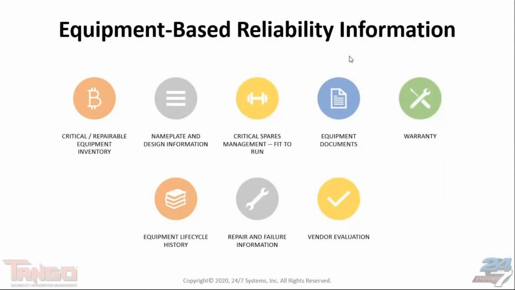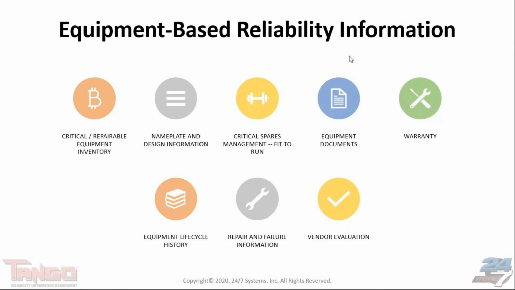On the other hand, when you're talking about what kind of information is in the equipment-based inventory, you're probably not tracking every individual piece of component equipment in the plant, but the critical repairable equipment inventory, those things that are most crucial, because you are in fact taking a much closer look and documenting more details than you are at the location level inventory.